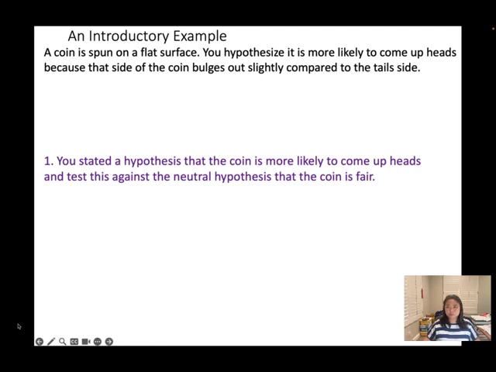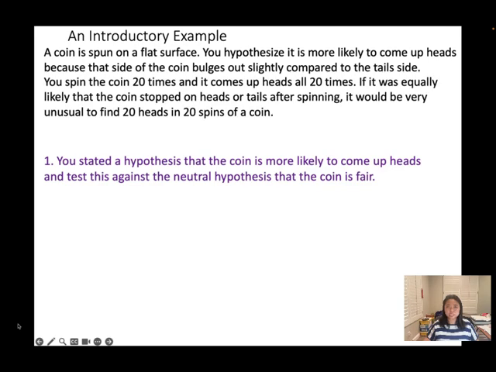When we flip a coin, we're supposed to have a 50% chance to get heads and 50% chance to get tails, and this is called the natural hypothesis. But for this experiment, since the coin is spun, the coin is more likely to come up heads. We're going to state the claim: either the coin is more likely to come up heads, or the coin is going to be fair.